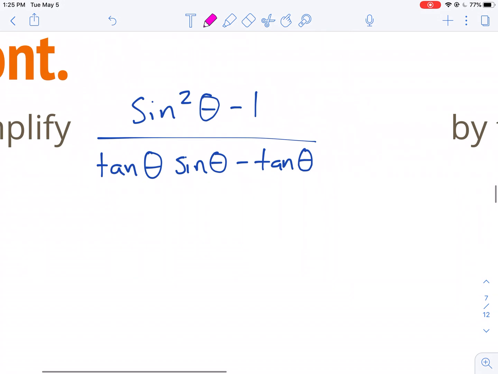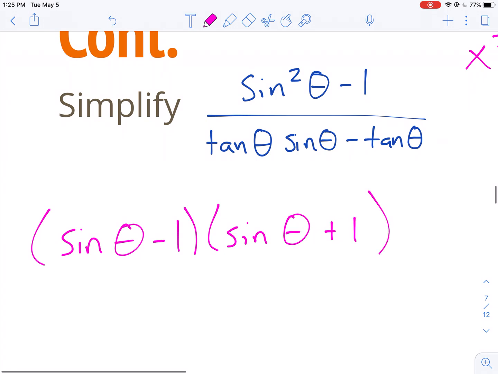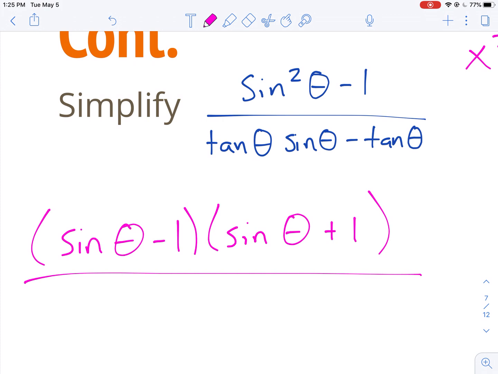This is the exact same thing as x squared minus 1, except I'm thinking of x squared as sine as opposed to x. So that means I can rewrite this as the sine of theta minus 1 times the sine of theta plus 1. And this is going to be over the tangent of theta times the sine of theta minus 1, because I'm taking the tangent out of both terms in that denominator.